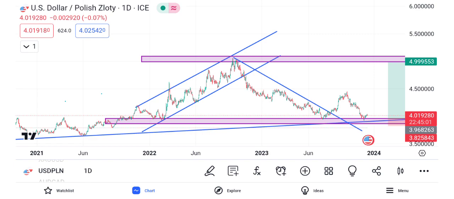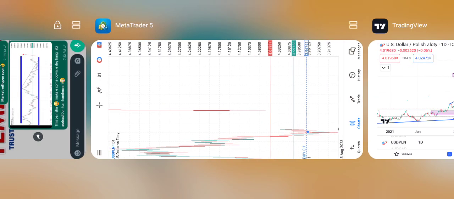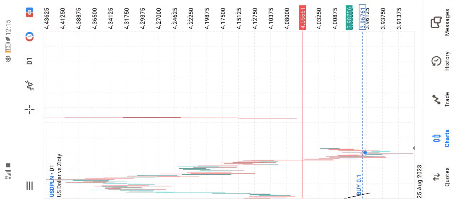I've been on the trade for like 1 week now, and I also posted a signal on my group on WhatsApp. So let me show you guys. As you can see now, I've been on the trade since last week.